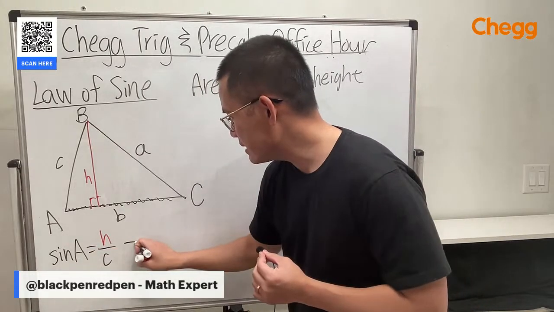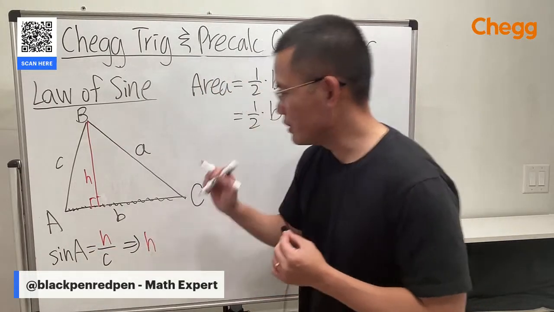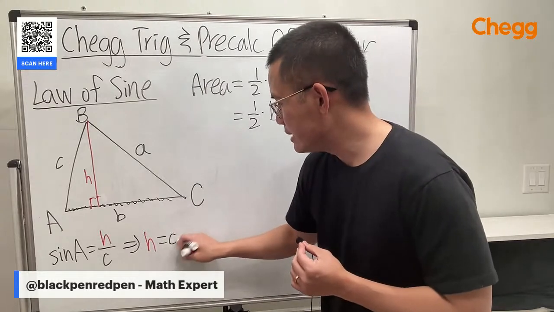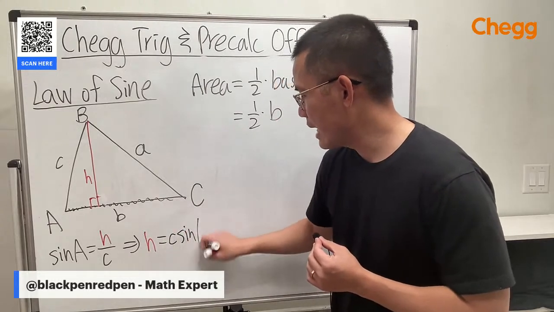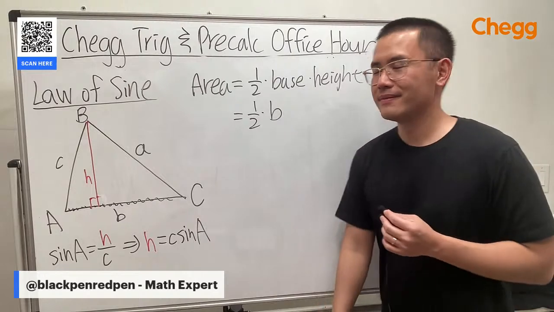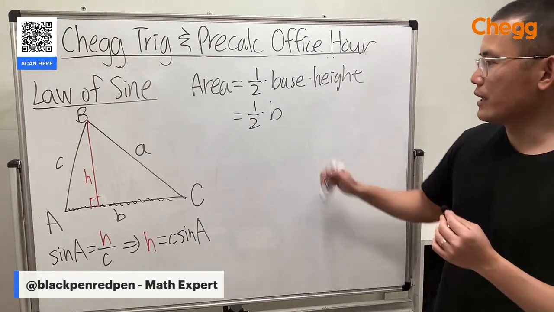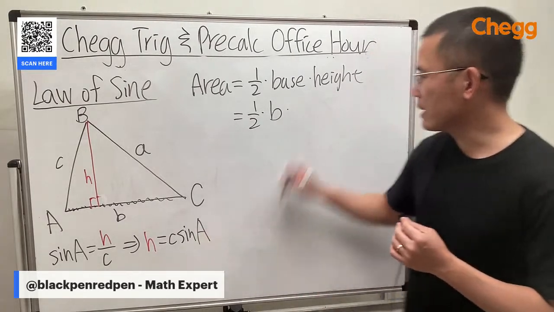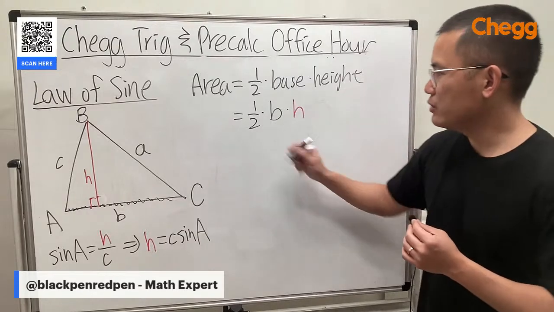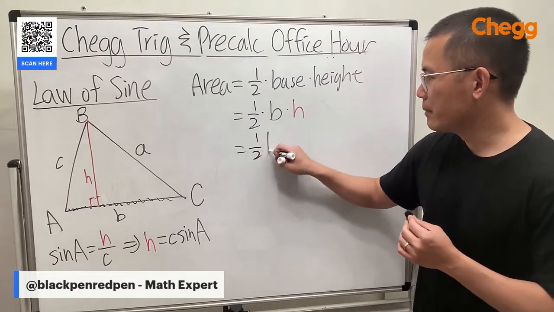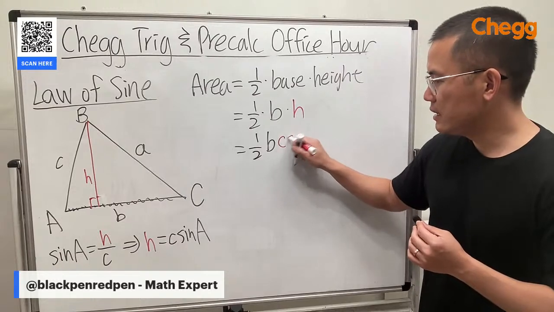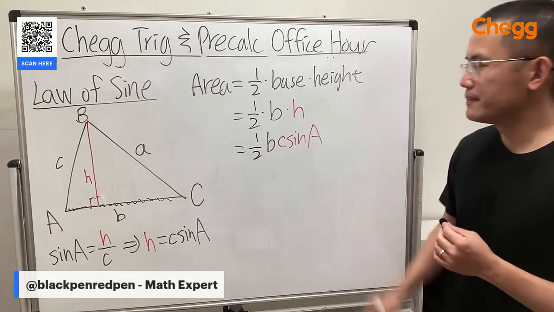Multiply c to both sides, we get h, which is the height, is equal to c times sine A. So we can put that down right here for the height, the h, which is just that. The height is h, and then 1/2 base, and then c sine A.